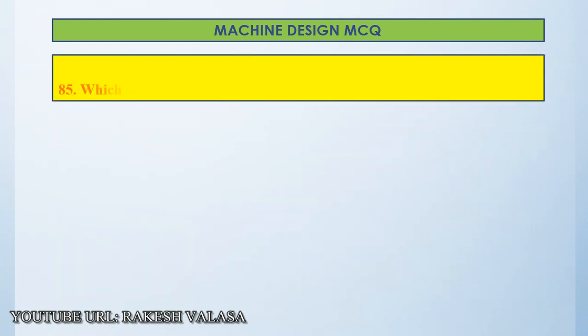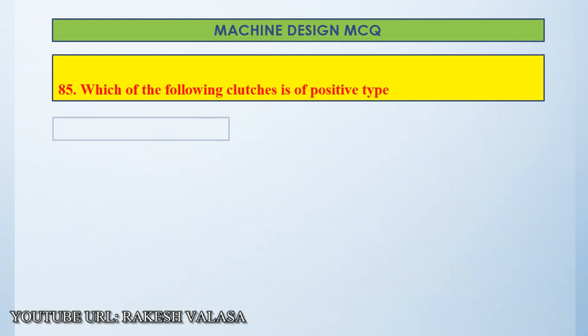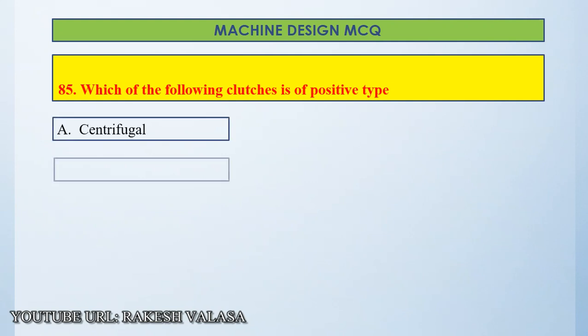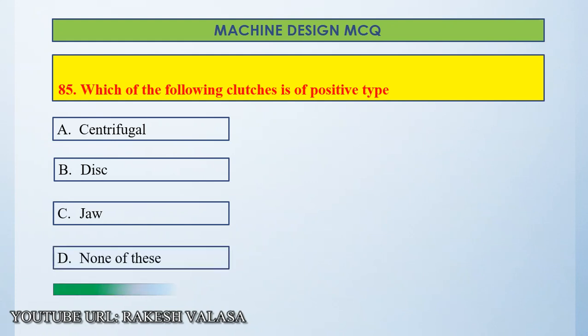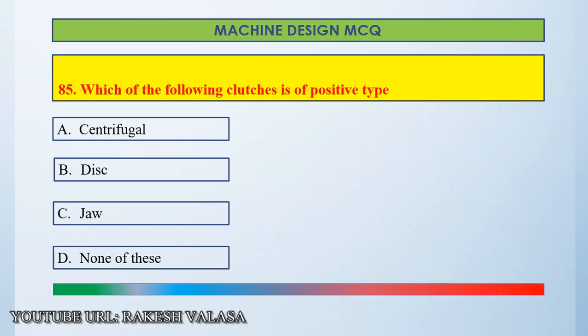Question number 85. Which of the following clutches is a positive clutch? Option A centrifugal, option B disc, option C jaw, option D none of the above. The correct answer is option C. Jaw clutch is a positive clutch. Let us see the explanation.